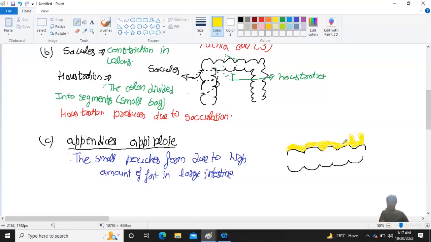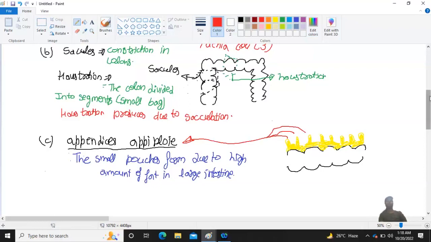These pouches are also formed of fat, small pouches of fat like this. So these are the appendices epiploicae. These small fat pouches are called appendices epiploicae.